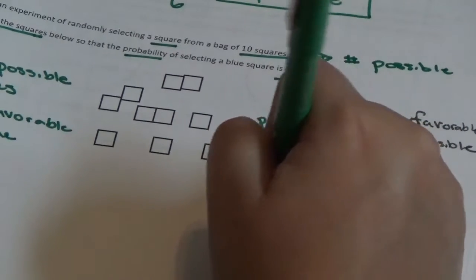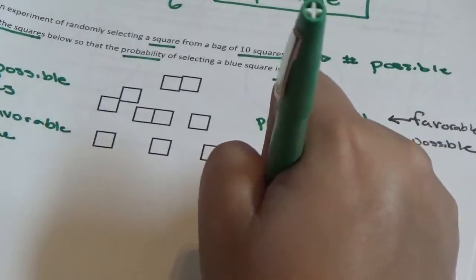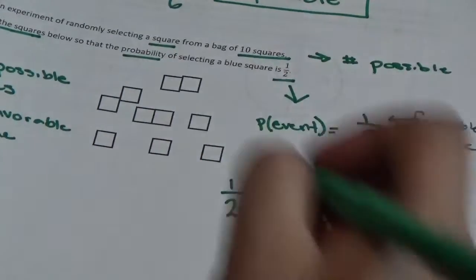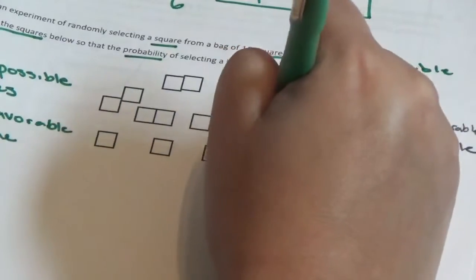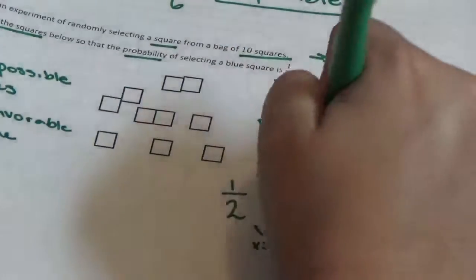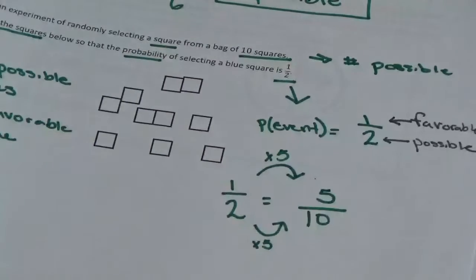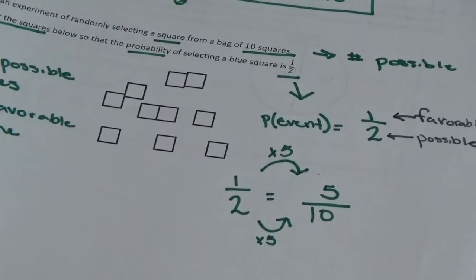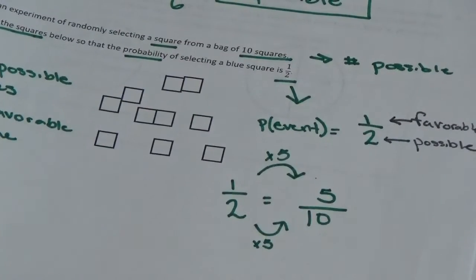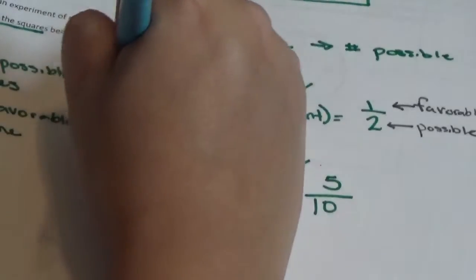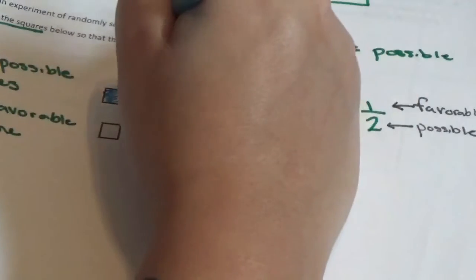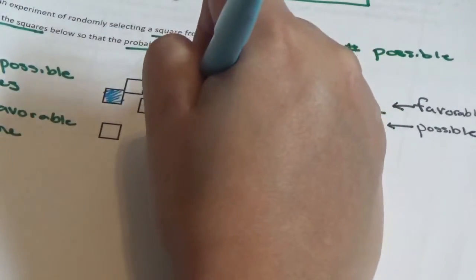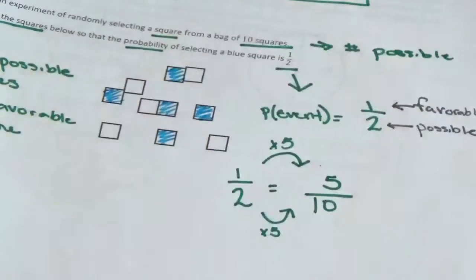How do I get from 2 to 10? I multiply by 5. So the numerator, which is my favorable outcomes, will also be multiplied by 5. So I know that 5 out of the 10 blocks are going to be blue. So I'm going to go color those. And it doesn't matter how you color them. I'm feeling a little out there, you know?